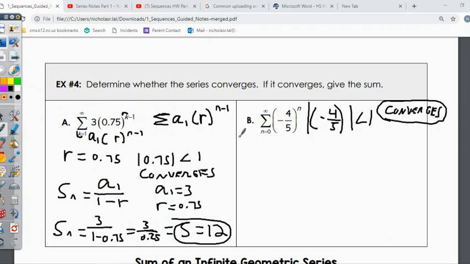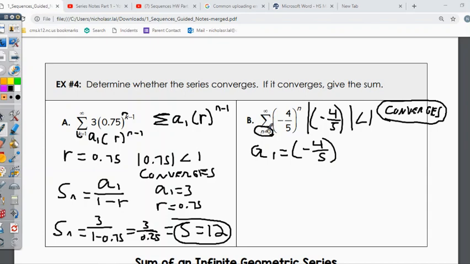So in that case, a1 is going to be equal to 1 because a1 would be equal to negative 4/5, and their starting value is 0.